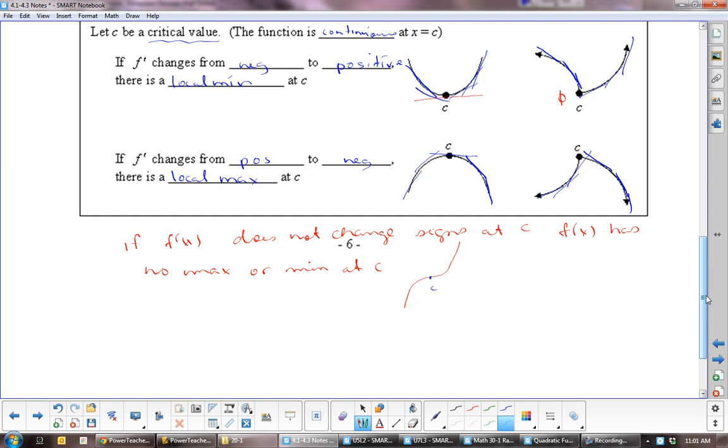So that would not be a max or a min. So don't always assume that if you find a critical value, it's the top or the bottom. Okay, it could be a middle of a graph.